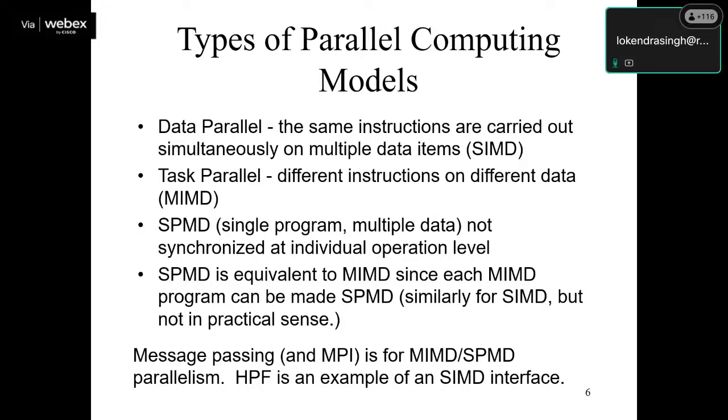In task parallel, you decompose the task into multiple parts, with different instructions on different data. We will further discuss point-to-point communications and collective communications. That is part of these things.